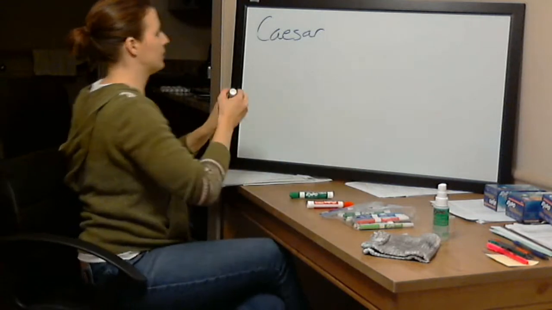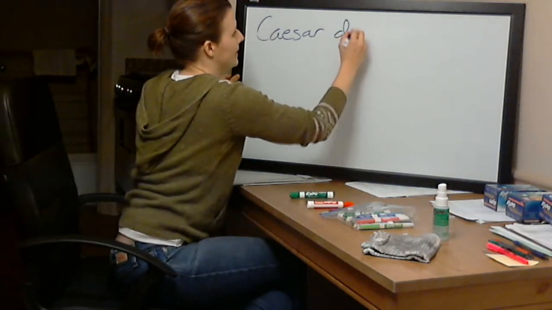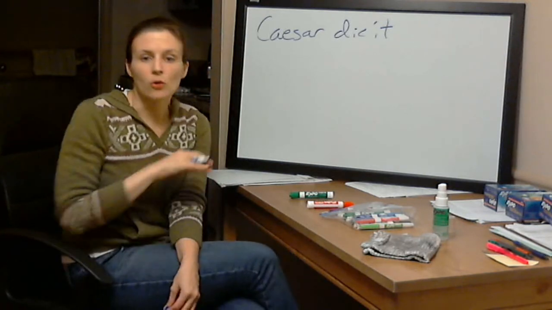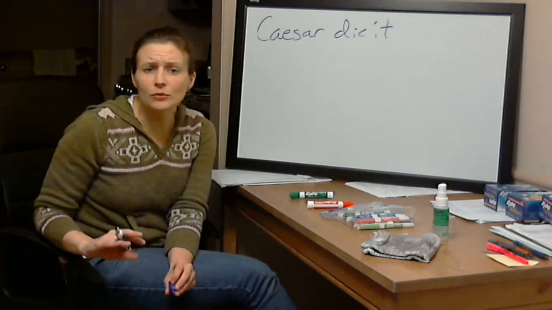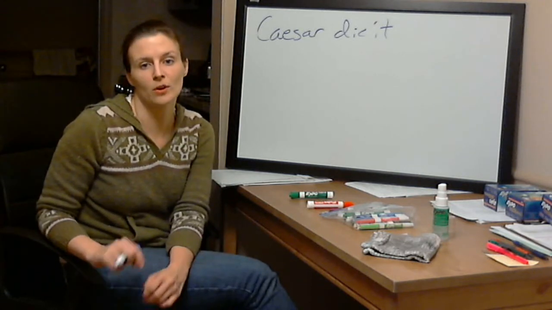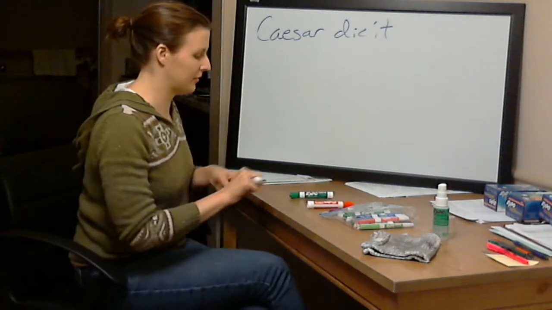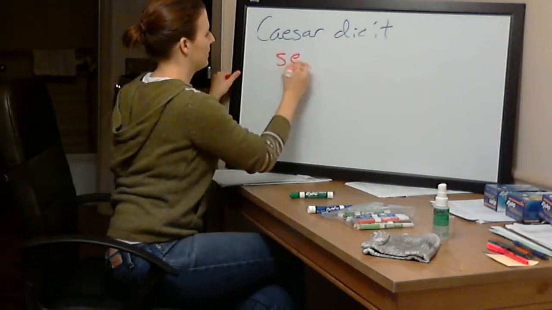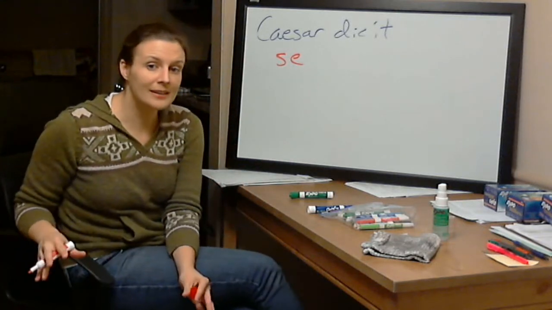So we have our main ones, so Caesar dicit, Caesar says, and then there's no word for that. There are no quods, no quams, no uts, no nes, nothing weird like that, no quins, no little introductory words. We just go straight from Caesar dicit. And then here's the fun part. An accusative pronoun or accusative word for anything that's going to be our subject.